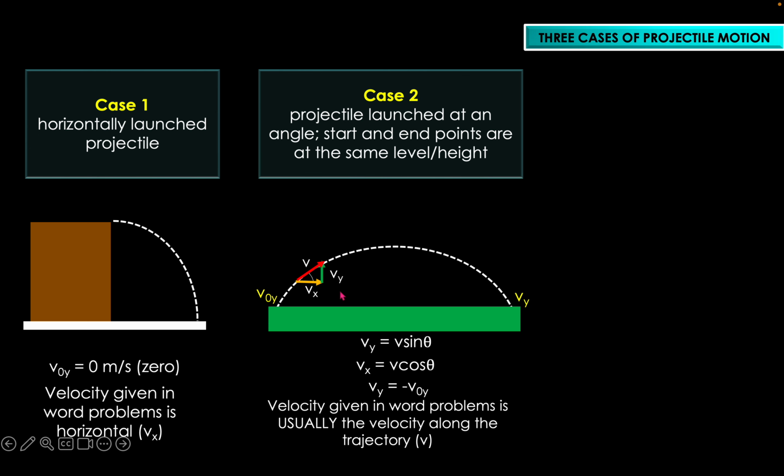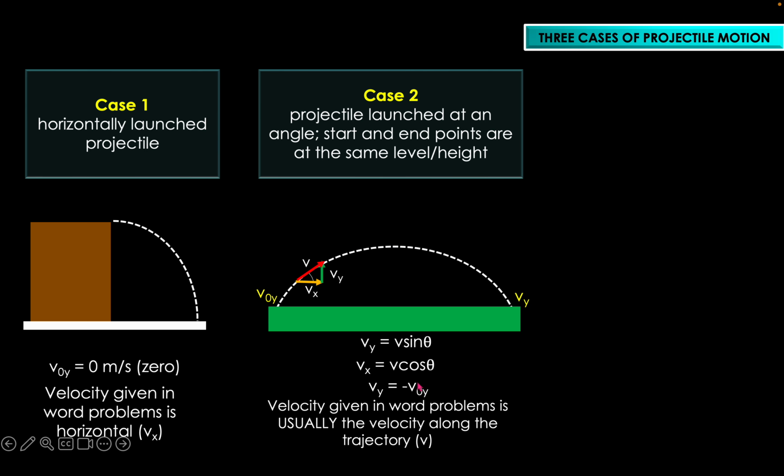So imagine that going up, you lose 9.8 meters per second every second, and then going down, you gain 9.8 meters per second every second. Whatever the initial vertical velocity is, you decrease its value going up, but you increase its value again at the same rate going back down. So what you lose along the way, you gain back on your way down.